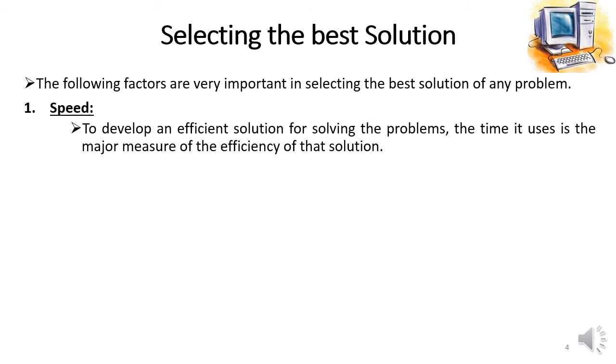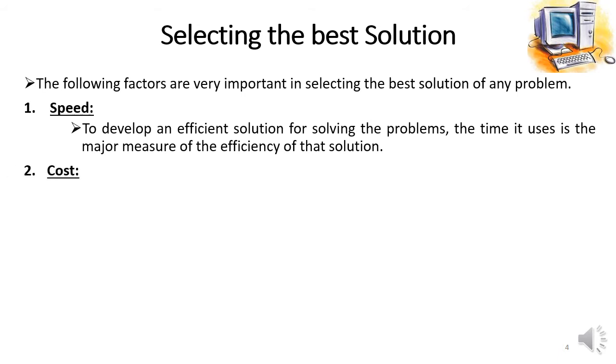To develop an efficient solution for solving problems, the time it uses is the measure of the efficiency of that solution, that is, how much time it takes to solve the problem. That is the first factor which must be considered at first place, the speed of the solution.